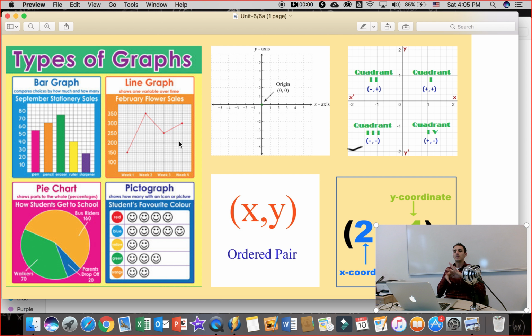So we have mainly 4 different types of graphs: bar graph, line graph, pie chart, pictograph. In the names of three of these types you have the word graph, but pie chart is still a type of graph. I think this is very easy.